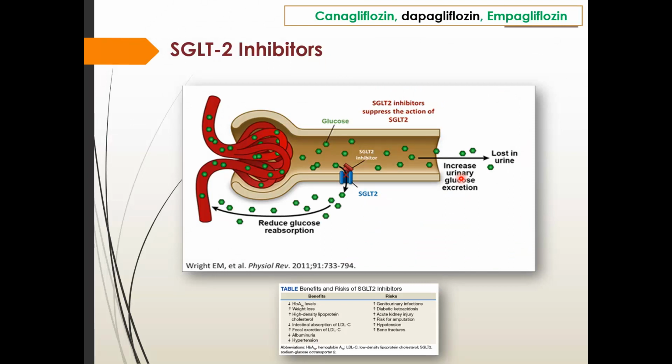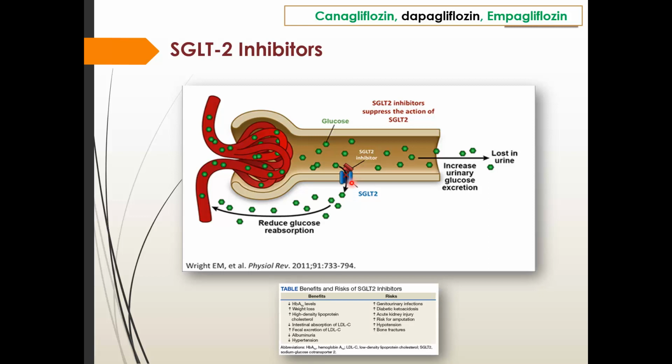Next, SGLT2 inhibitors. Their mechanism of action is very easy to understand. You can see the blood glucose that is filtered through the Bowman's capsule reaches the proximal convoluted tubule, and there is a transporter, the SGLT2 transporter. Remember, a similar transporter is present in the GI tract also, which helps in glucose absorption.